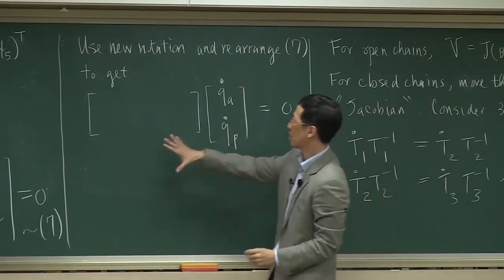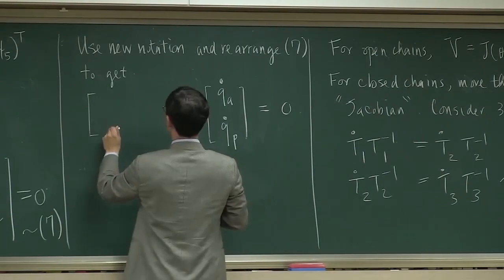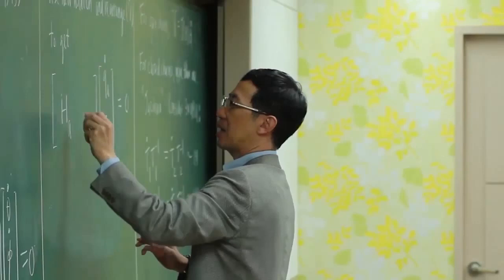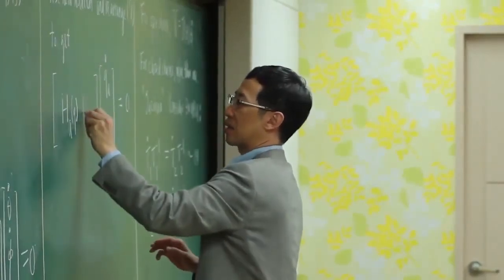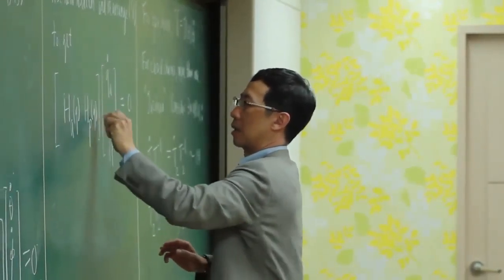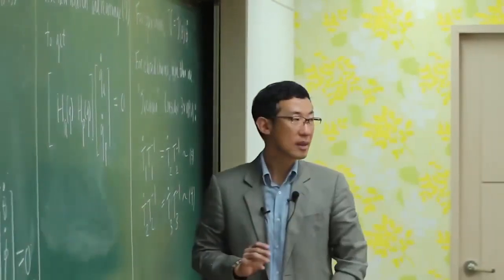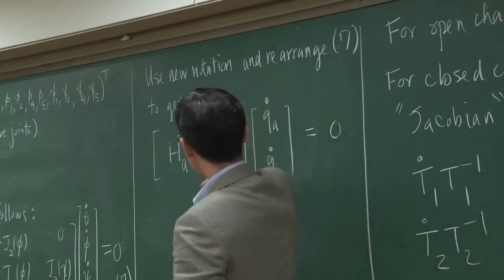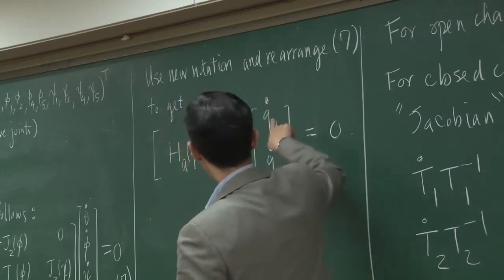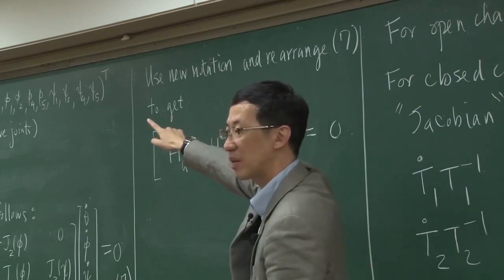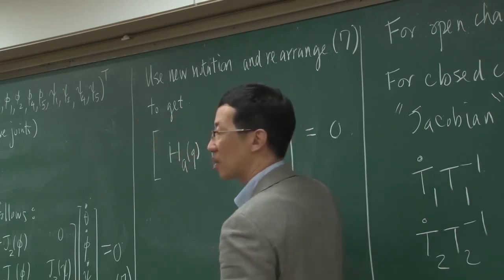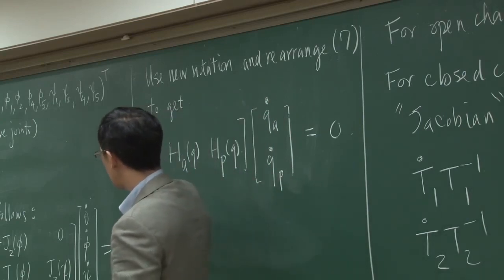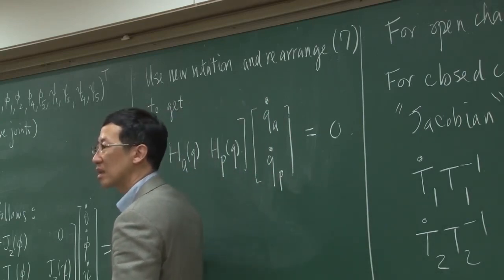So let's see what goes here. Let's call this part H. Use the letter H. So H sub A, and here's H sub P. All right, so let's think about the dimensions of these things. QA is 3-dimensional. QP is 12-dimensional. And we have how many equations here? 12 equations.